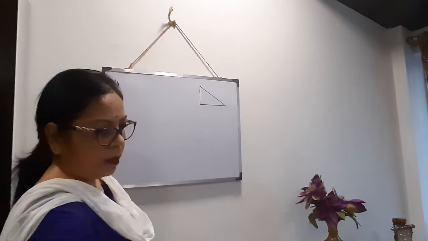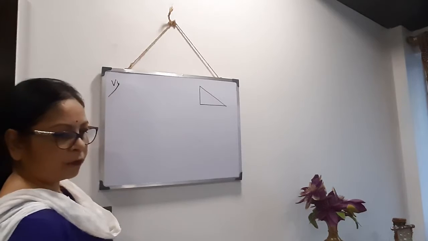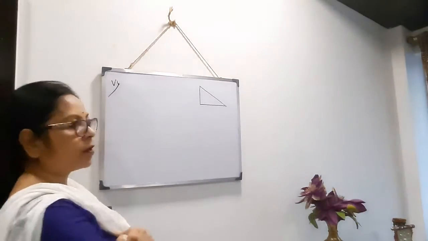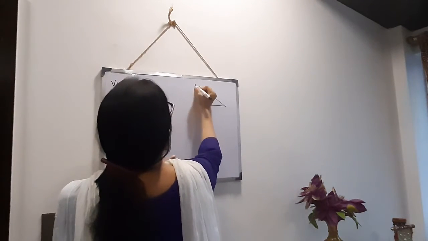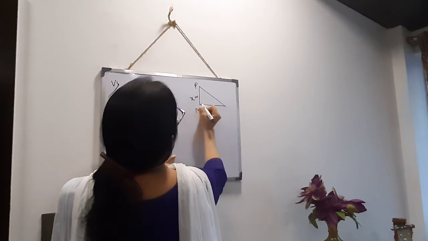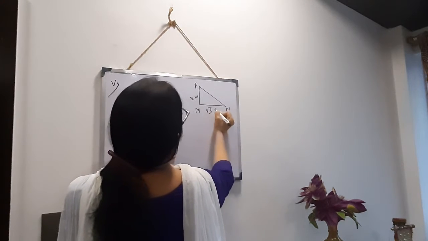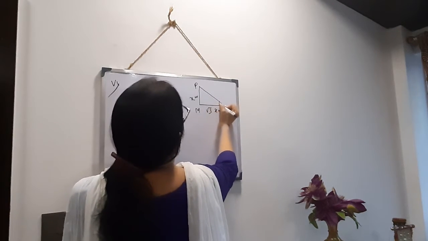Here it is told that the length of the shadow is root 3 times its height. If the height of the post is x meter, then the length of the shadow is root 3 x meter.